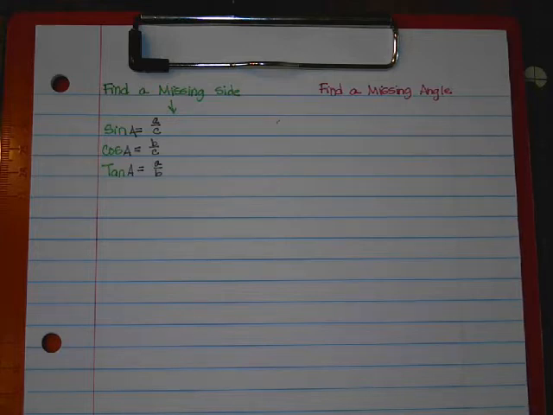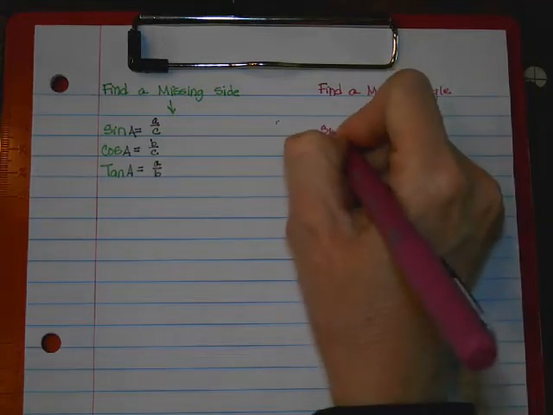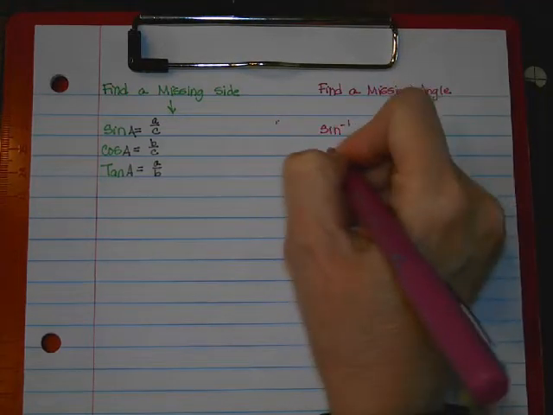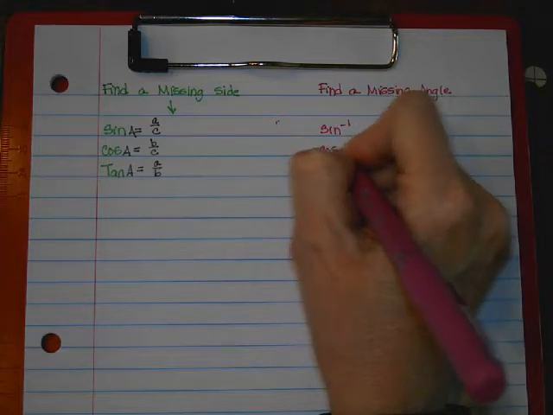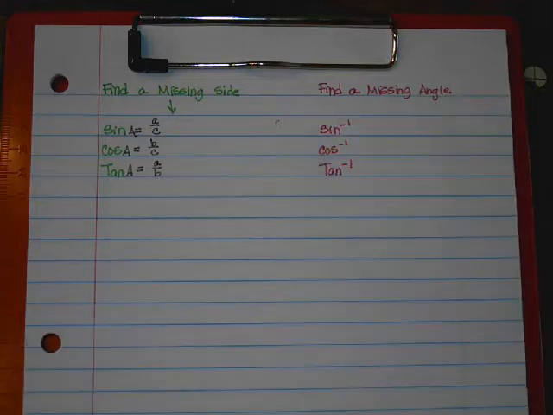We know little a, little b, little c, but we don't know angle A and we don't know angle B. Then we would use the ratios for arc sine, arc cosine, and then arc tan. This would hold true if we know all 3 sides and we don't know any of the angles.